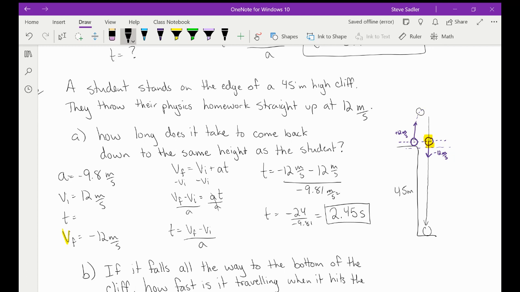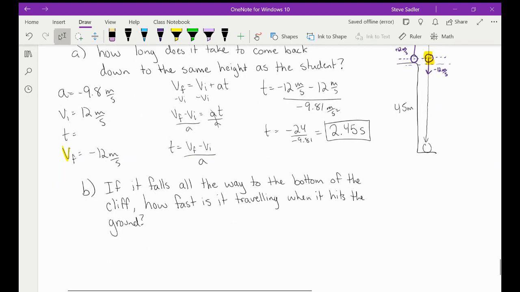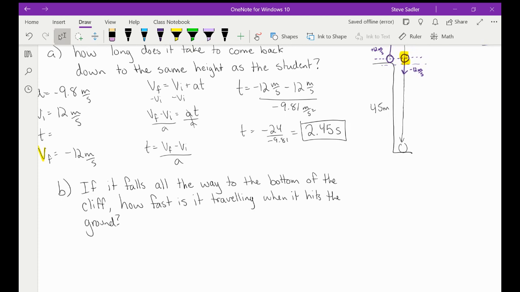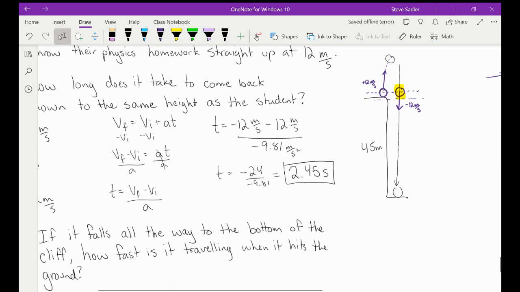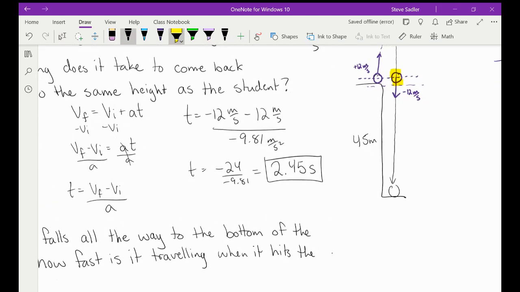So now it says if it falls all the way to the bottom of the cliff, how fast is it traveling when it hits the ground? So in this case, if I look back at my really awesome picture, we know in the yellow highlighted area, the velocity of the homework going downwards at that point is 12 meters per second.